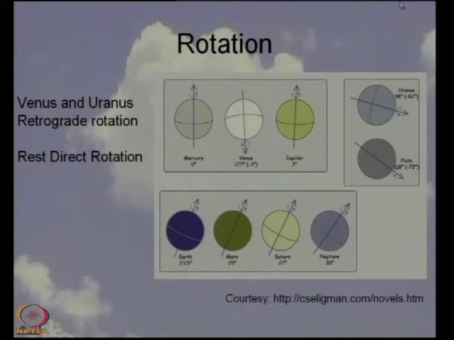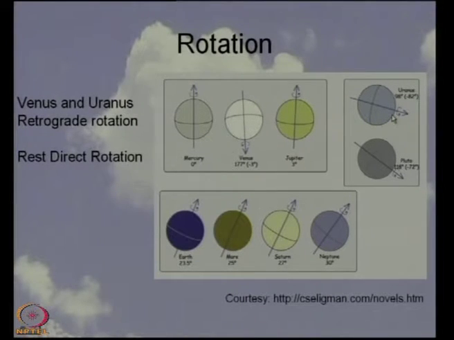Now, the other exception, Venus is one of them, is Uranus, whose rotation axis is neither aligned nor opposite, it is perpendicular to the revolution axis. So, the direction along which it rotates is roughly in the plane of the orbit.